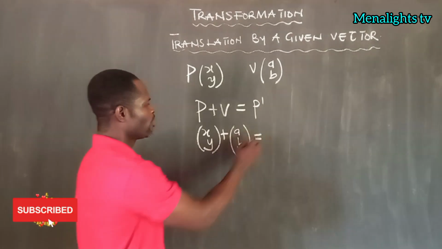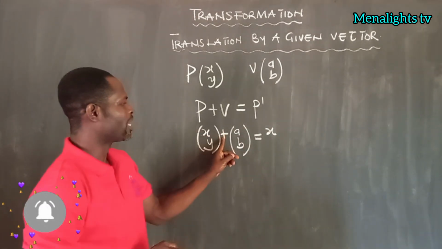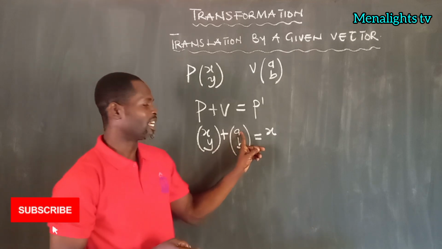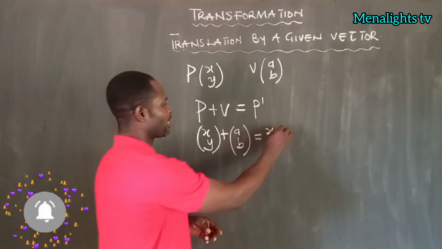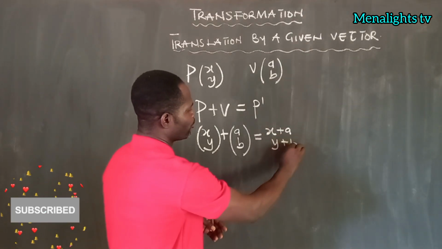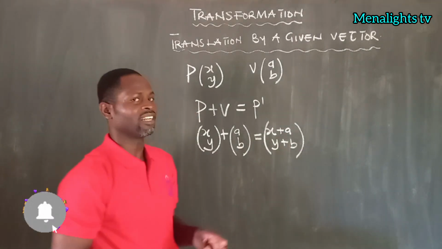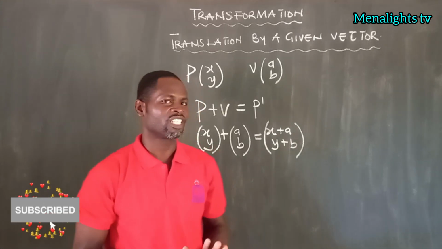Here, the x will be added to the a, and then the y and b will be added to each other. So you have (x plus a, y plus b). So when given a vector, we need to add the vector to the point to get the point image.